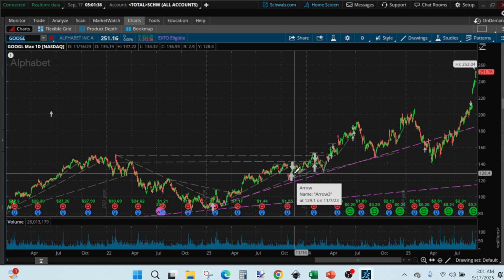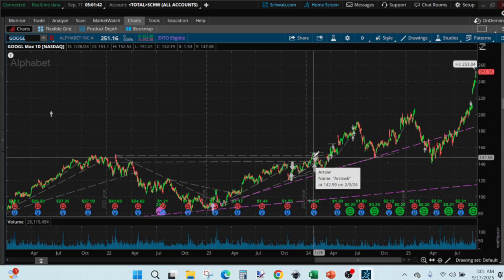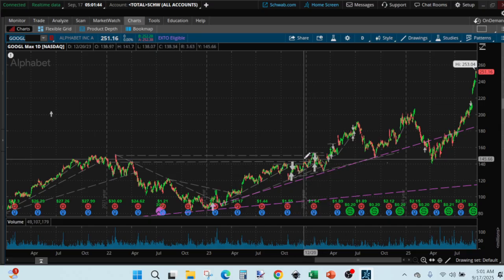But then I didn't feel very comfortable doing that, because I was a little bit anxious buying it that high, thinking it's going to go higher based on the strategy I was using. I paid attention to the way I was feeling and noticed that I was not comfortable with it.